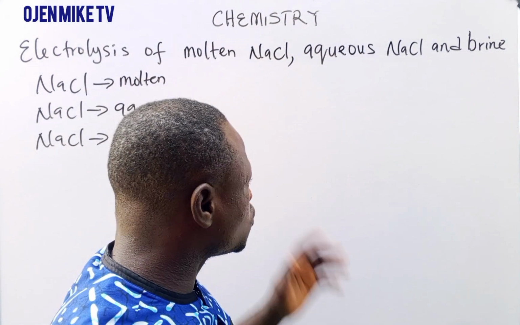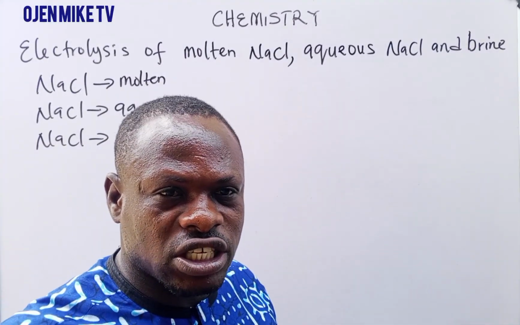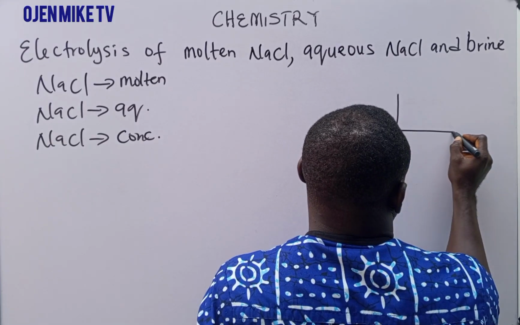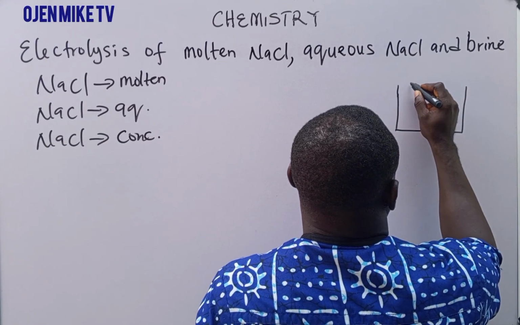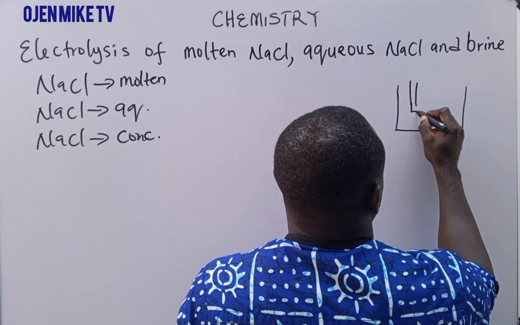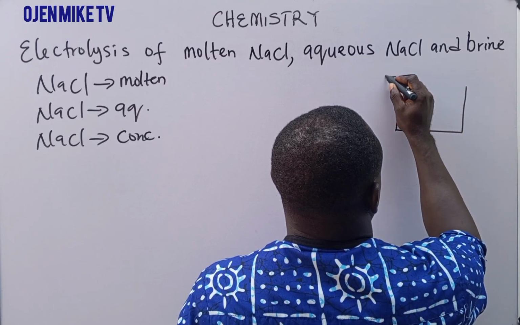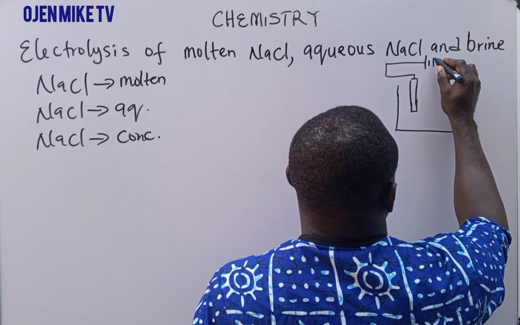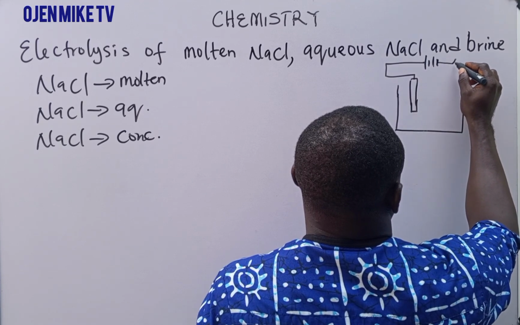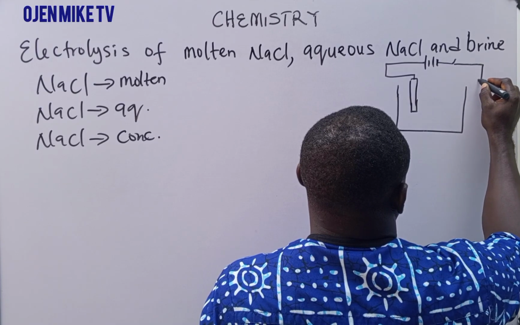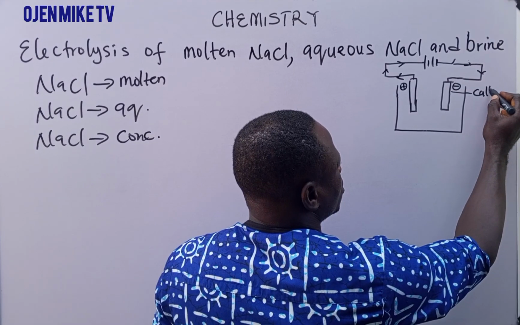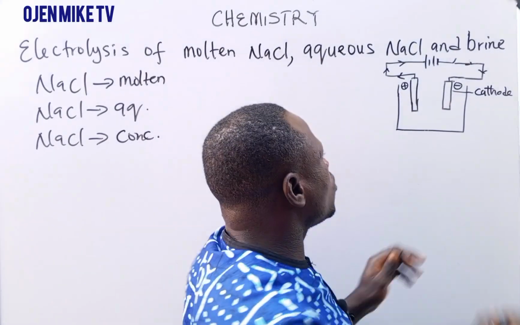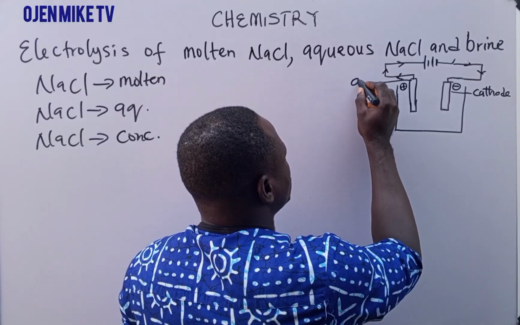Now, before going into that, let me draw a simple electrolytic cell. The negative side there is called the cathode, while the positive side there is called the anode.